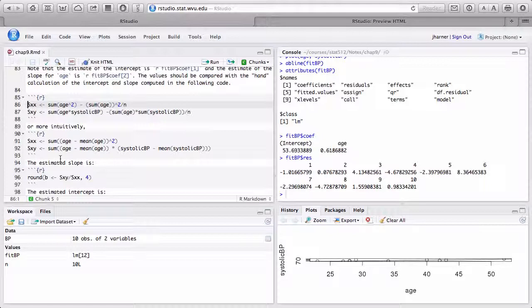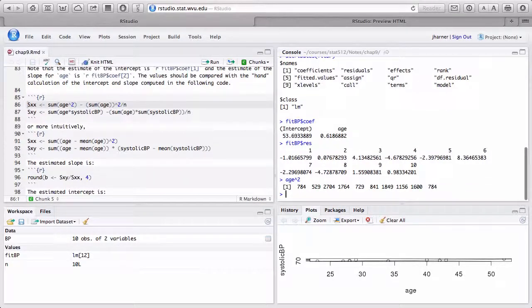And just to show you a little bit more of R, if I take age and square it, there are 10 of these, and it's vectorized. So when I square age, it squares each element in age.